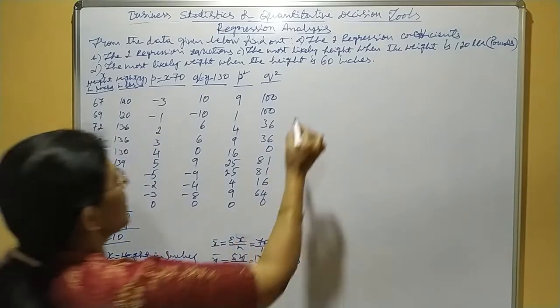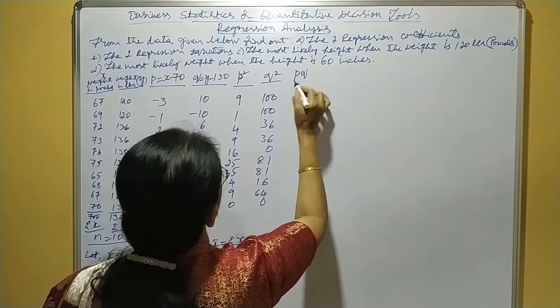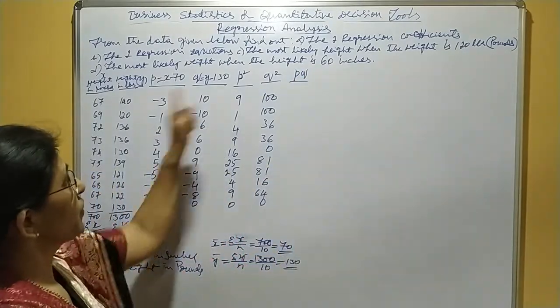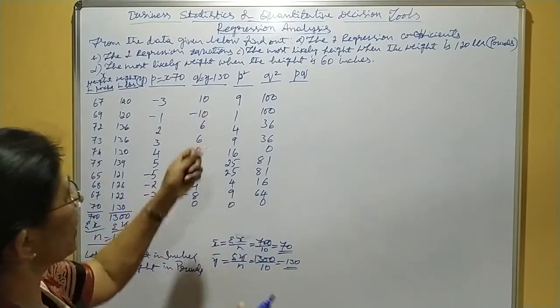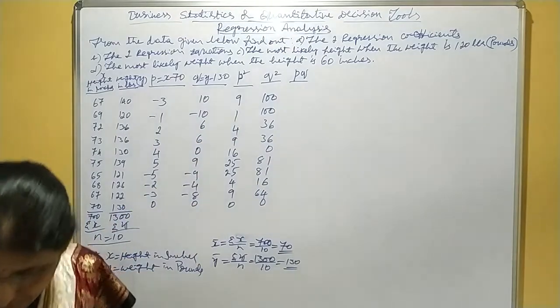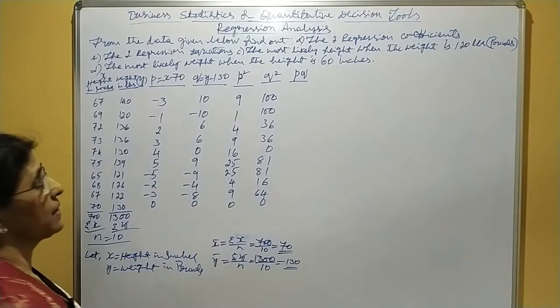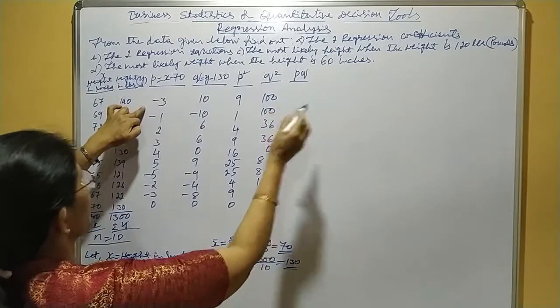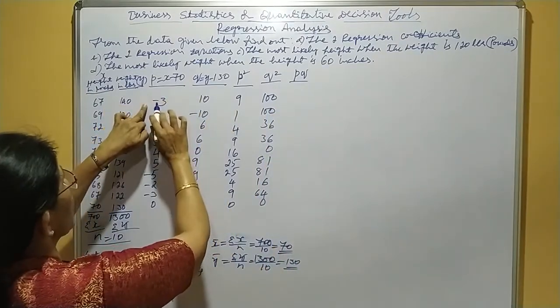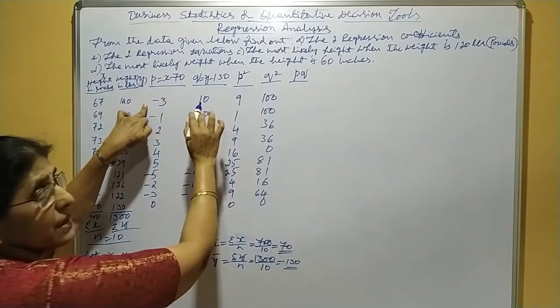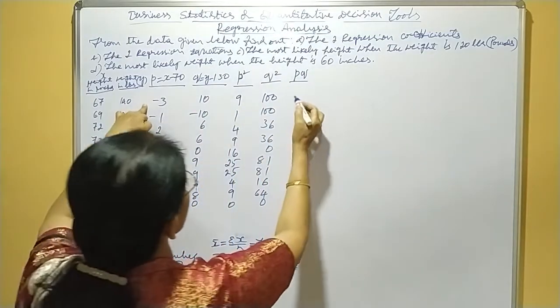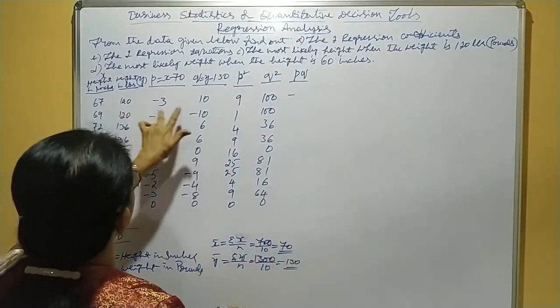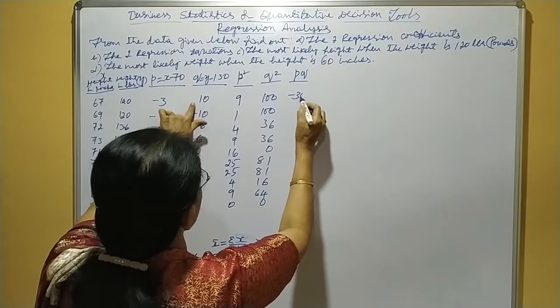Next take PQ. Here you should be careful. When you take P square, Q square, the minus values don't affect. But when you take PQ, then P into Q, here it is minus 3 and this one is plus 10. Minus into plus, minus. 3 into 10, 30.